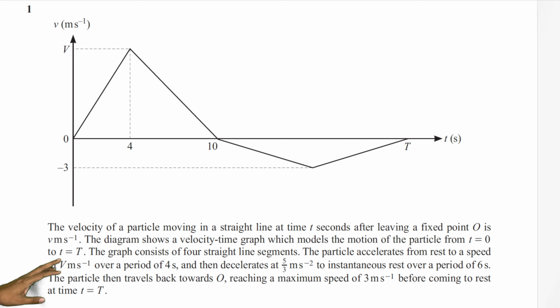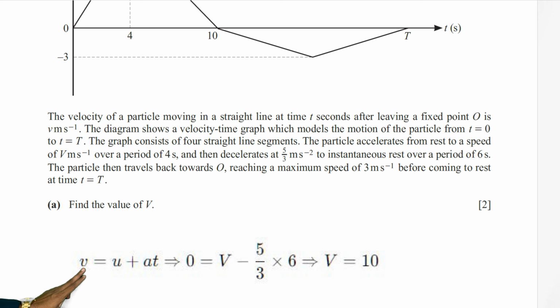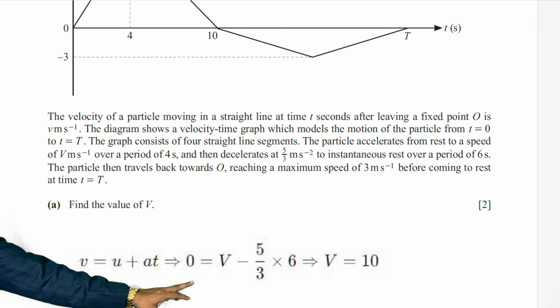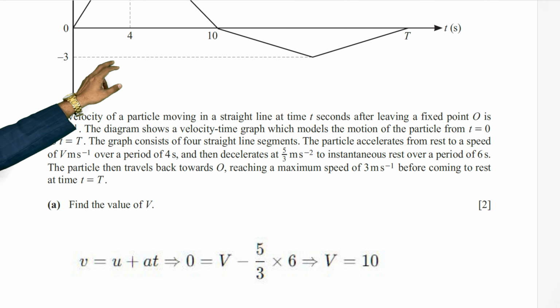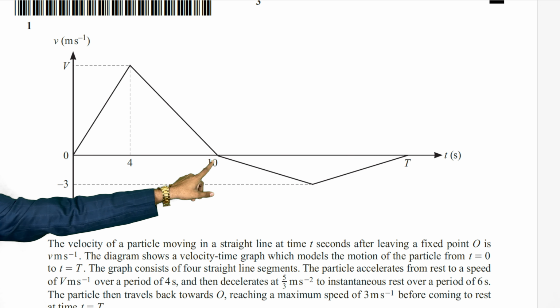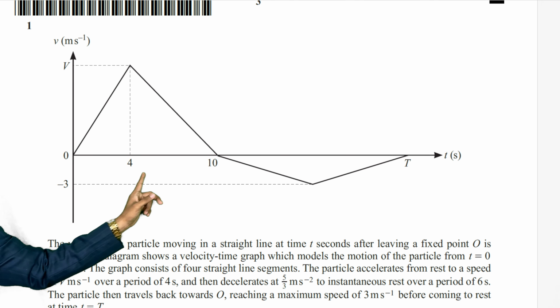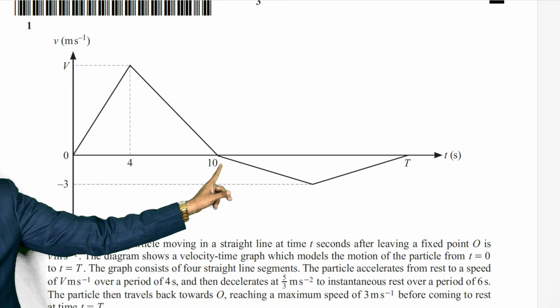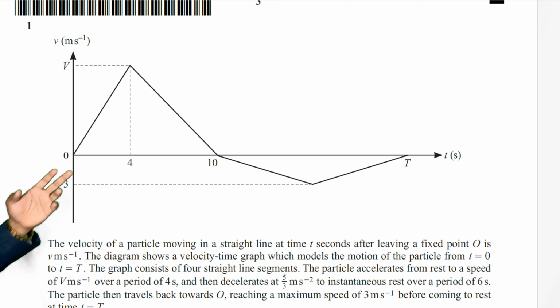Now let me show you the solution, right? So I have written v is equal to u plus at. If you see the graph, the initial velocity is v and the final velocity is 0, and the time duration is from 4 to 10, which is 6 seconds, right? And the acceleration is negative acceleration.